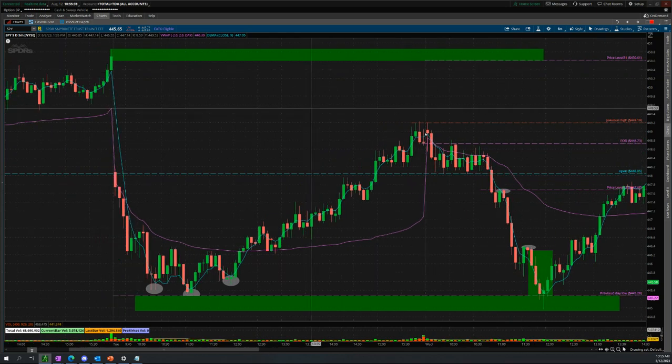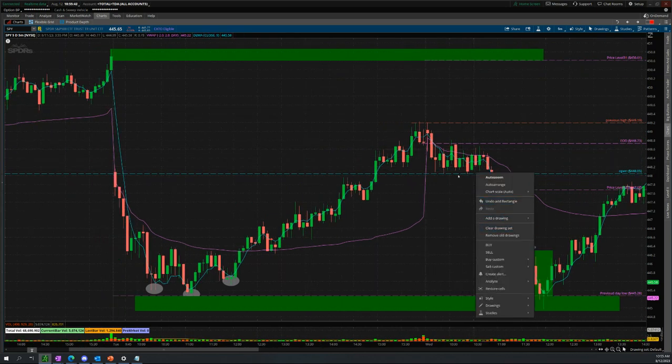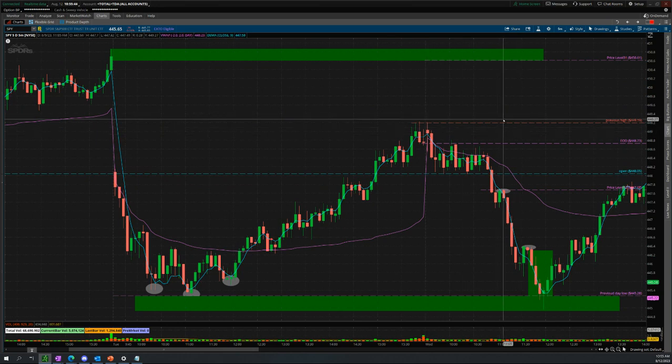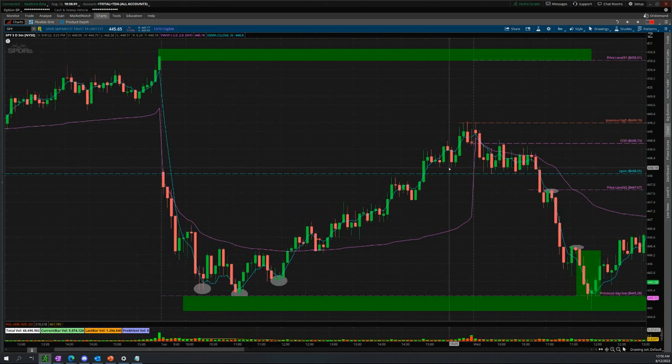I just like using that analogy, right? So if we defended the open here, and if buyers showed up and then we got above previous day high, this would have been a perfect move targeting this level right here. Once we see the retest. Yes, right. Because the bullish conditions are not validated until we see a retest. If you take that breakout, there's nothing to tell you that is bullish conditions.